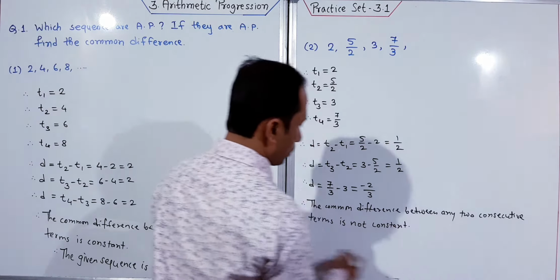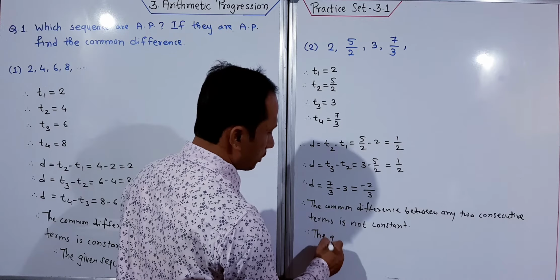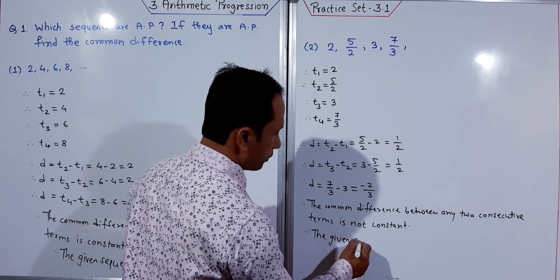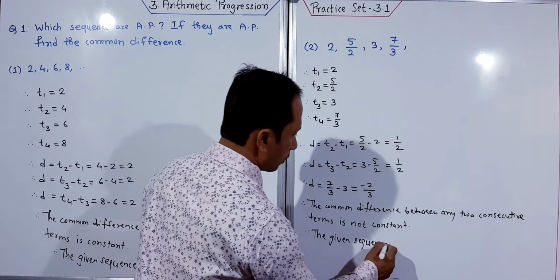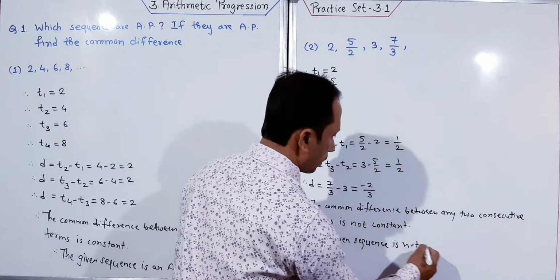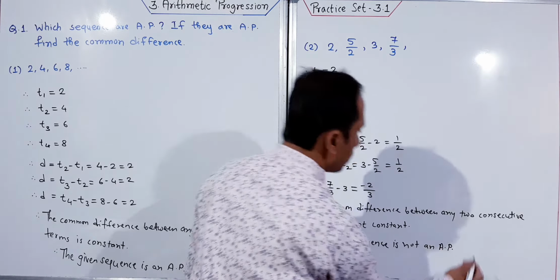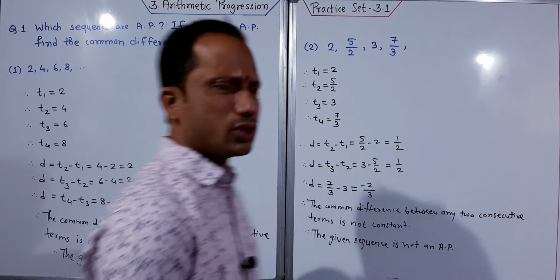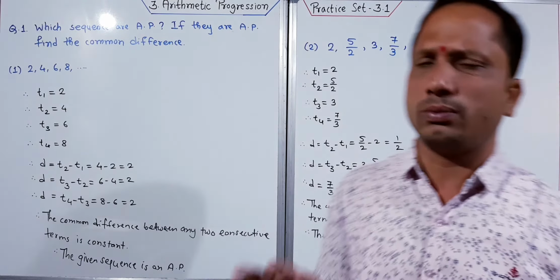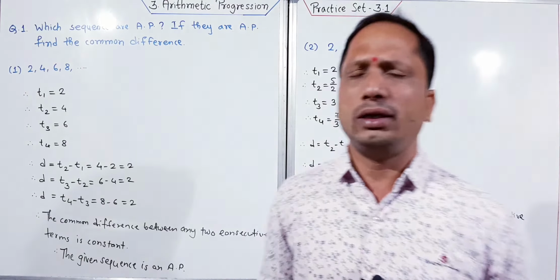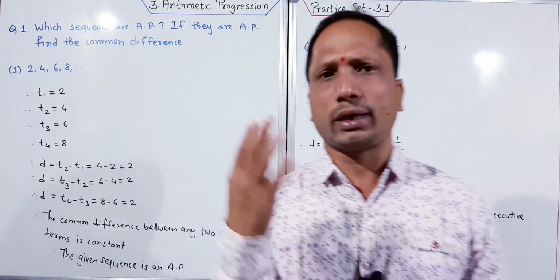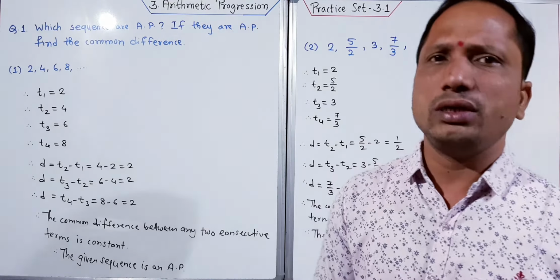Therefore the given sequence is not an AP. Okay, so in this way you have to solve. This lesson is very easy. Actually most of the lessons are very easy. Only there is need of a little concentration and practice. Then you can easily solve such types of problems.